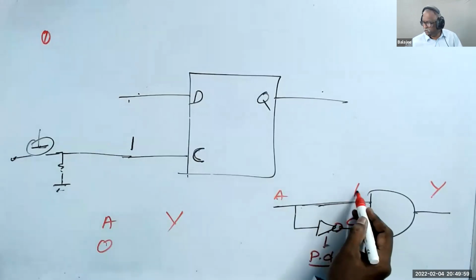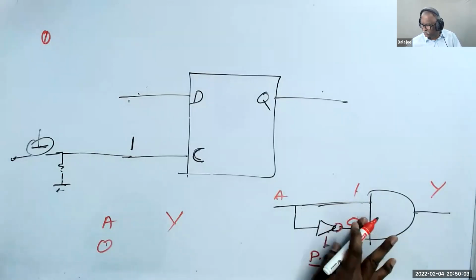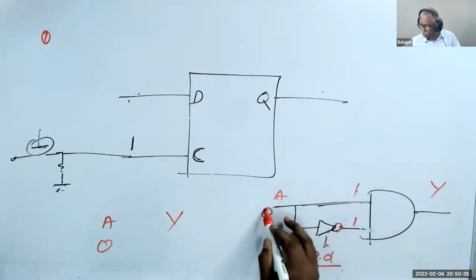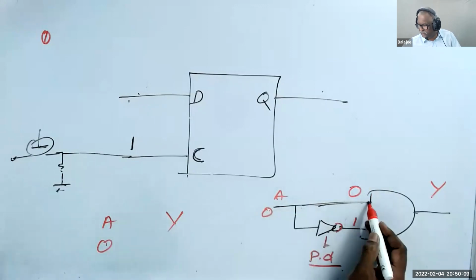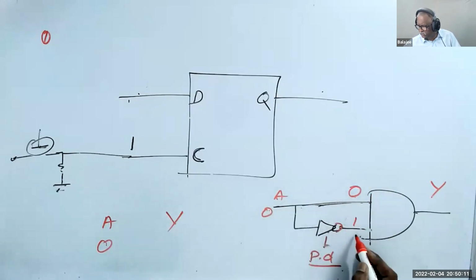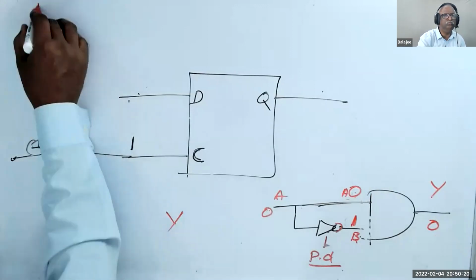When A is 0, let's say this is A and this is B. B is 1, A is 0. The output is 0 when A is 0.